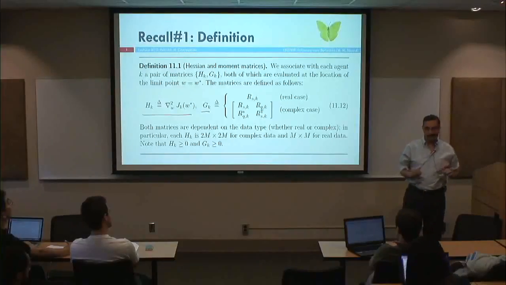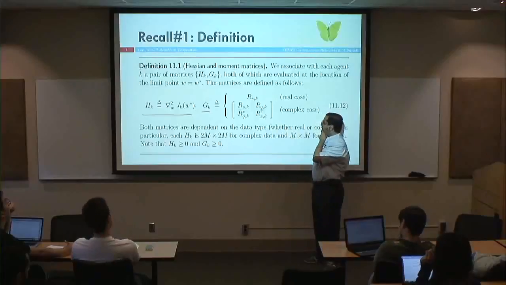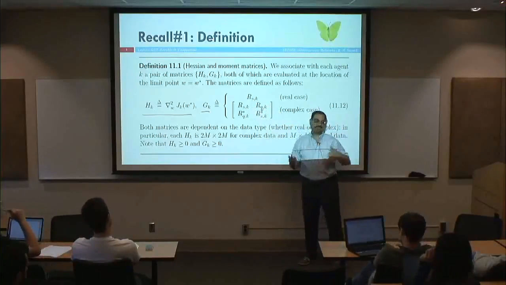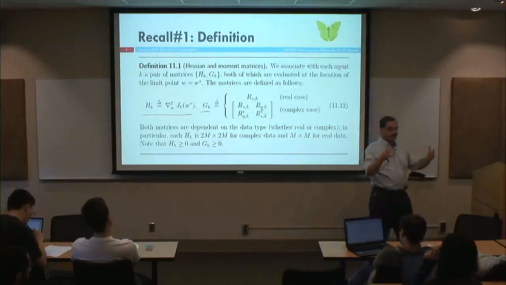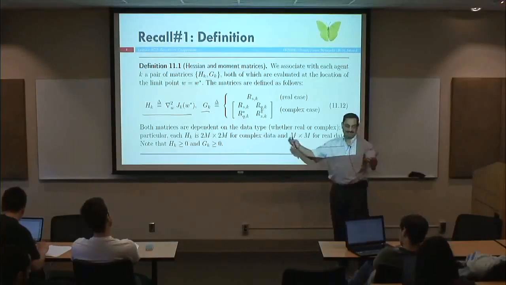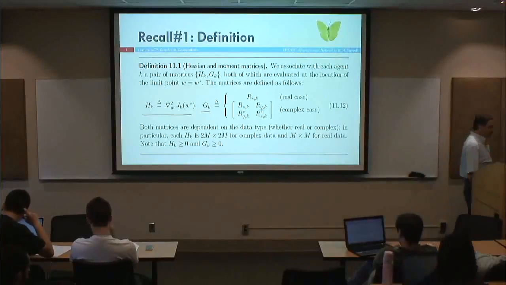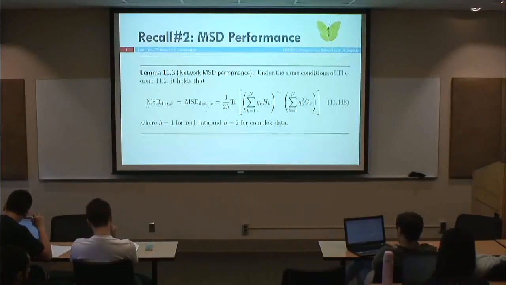It's a 2M by 1 vector. And this is the covariance matrix of it, the one below here in the complex case. And in the real case, it's just R_s, right? Which is the expected value of s s star. Right? The R_q is the expected value of s s transpose, if you remember, right? So this is just to remind you of what these parameters are, okay?